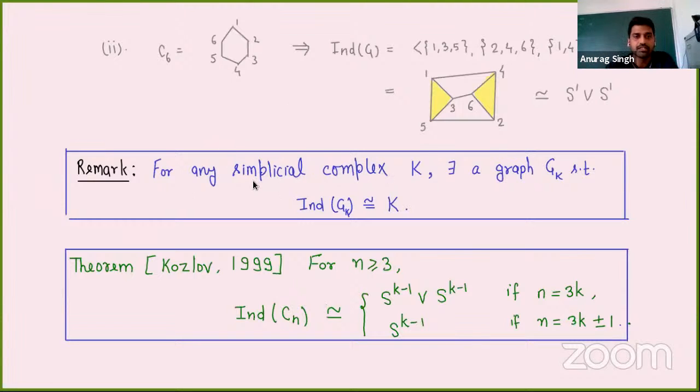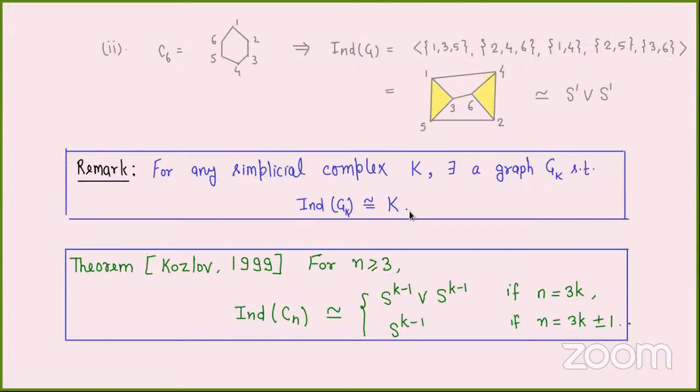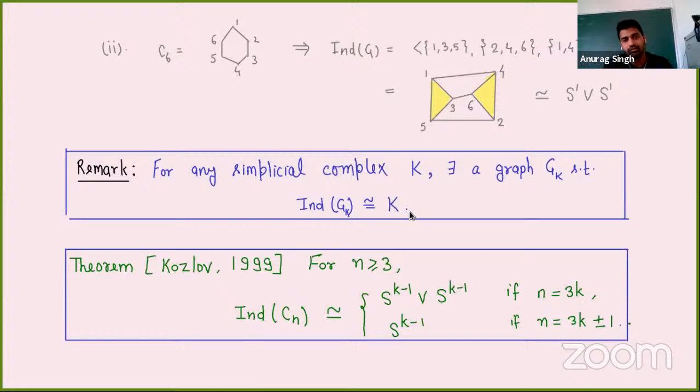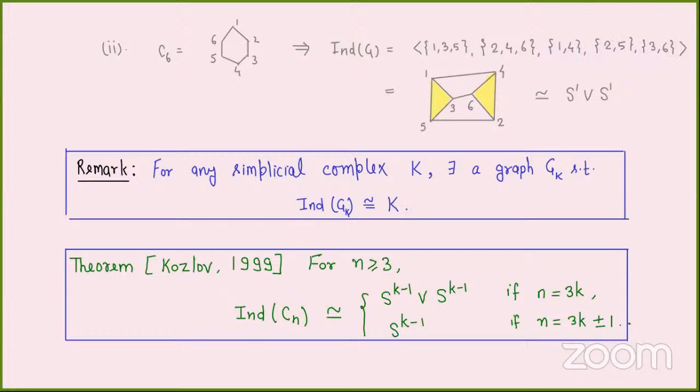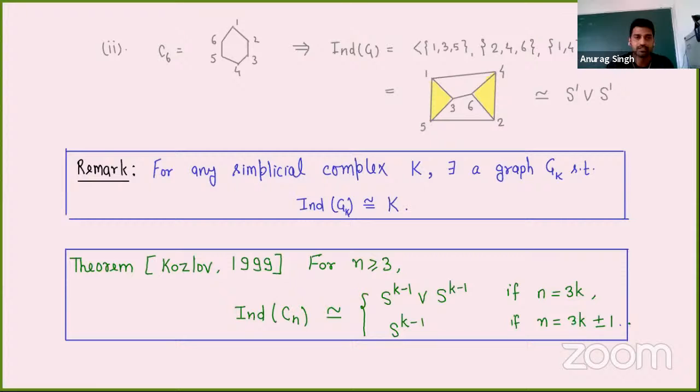What I was trying to say is, you take any simplicial complex of any dimension. There is always a graph G whose independence complex is homeomorphic to the topological space K. For me, the simplicial complex and the underlying topological space, I won't distinguish between them in this talk. Whenever I say complex, sometimes it means simplicial complex.